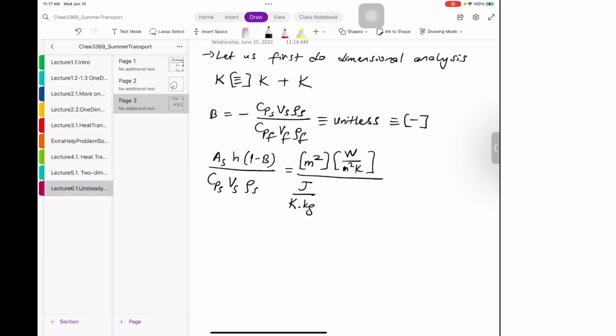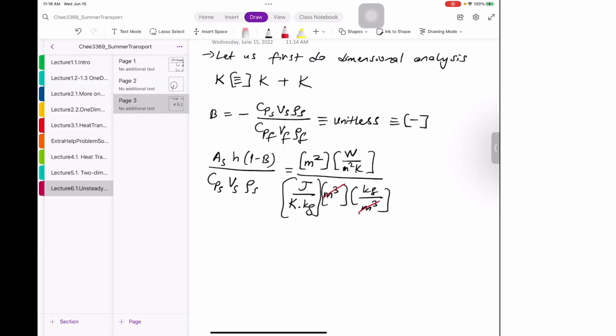So it's the energy needed to increase the temperature of 1 kilogram of material by 1 Kelvin. And the V has the units of meter cube, and the rho s is kilogram per meter cube.